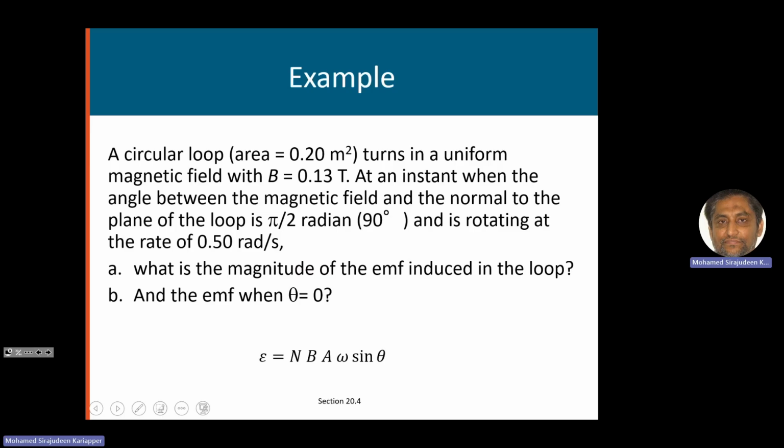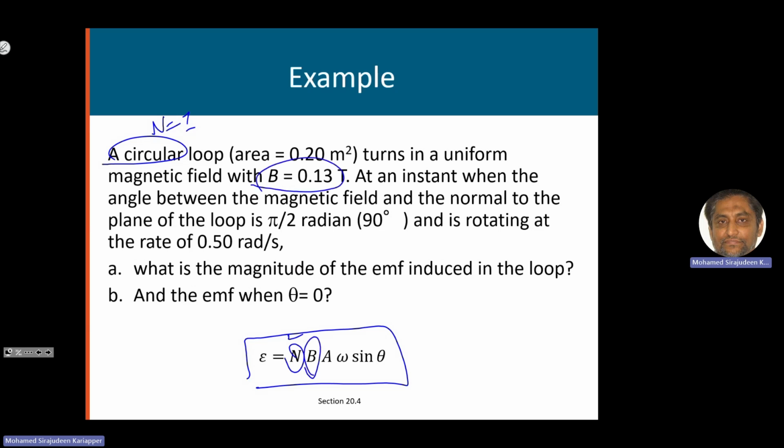So we have a very nice straightforward question here, applying the generator equation. Please put your phone away and pay attention here. It's a simple question. There is a loop, meaning one loop, N is equal to 1. He's asking for the EMF that comes from a loop which turns in a uniform magnetic field.